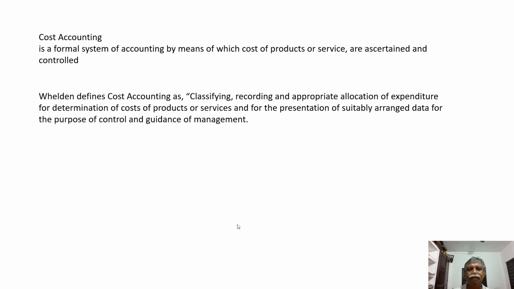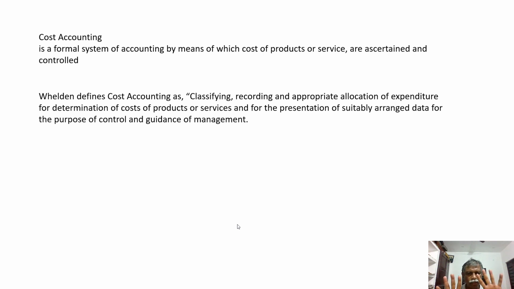So Weldon is a cost person, cost accountant. He defines it as classifying. He said, you collect the cost, classify it, group it. For example, when we manufacture a product, there may be expenses for materials, there may be expenses for labor. So classify it and record it. And in certain expenses, we cannot see, for example, rent we paid.